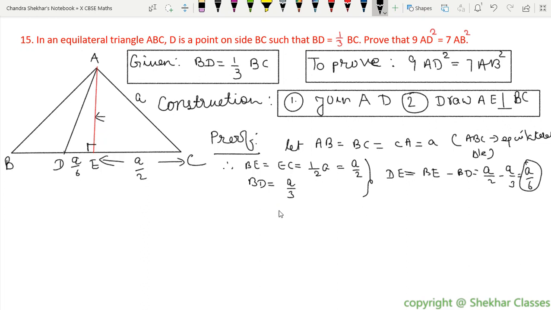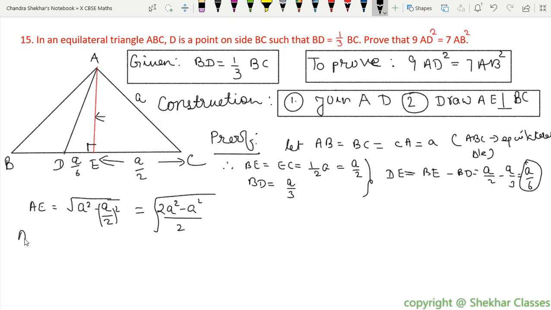So if I calculate that, AE equals the square root of A square minus A upon 2 square, Pythagoras theorem. So that will become 2A square minus A square by 2, because hypotenuse minus the base here.